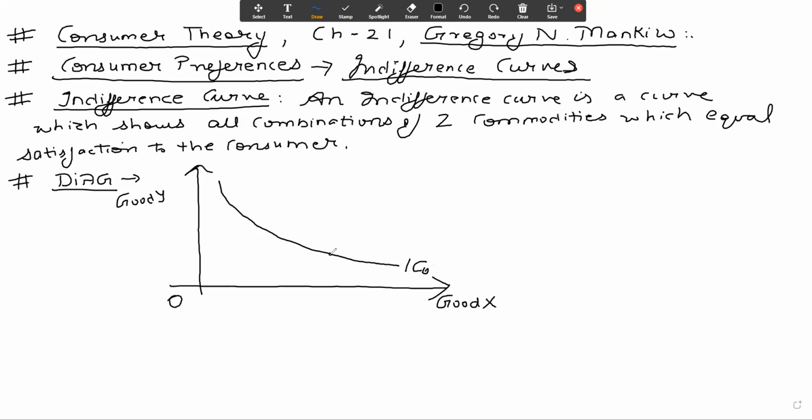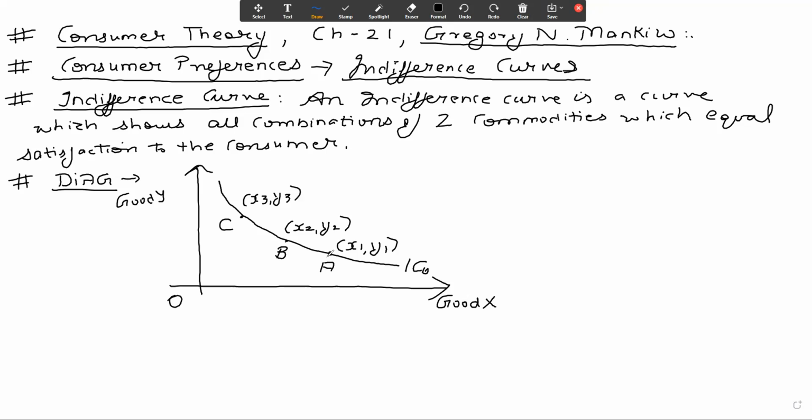If I take 3 points on this indifference curve, A, B, and C, so point A represents one combination. It's like a vector in 2 dimensions, x1, y1. Point B represents another vector in 2 dimensions, commodity vector x2, y2. Point C represents another vector x3, y3. You can call them vectors in mathematical terms. In microeconomics terms, you can call them bundles.